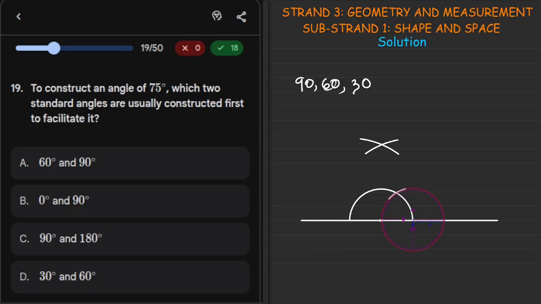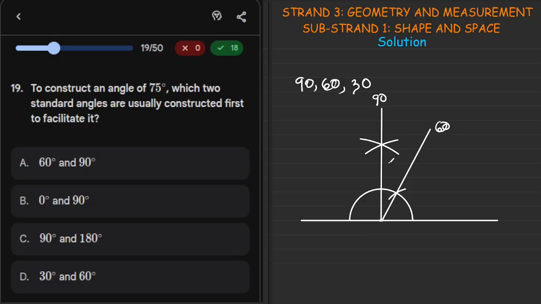You see, what we do is we take note of our 90 and then our 60. So this angle formed over here, that is in between here. If you are to bisect it, so this being 90 and then this being 60, in between here is a 30-degree angle.